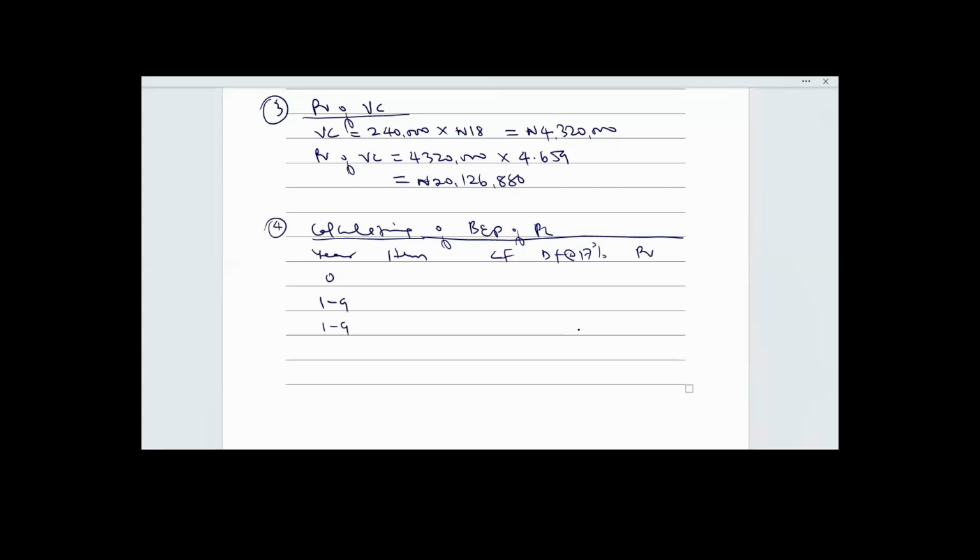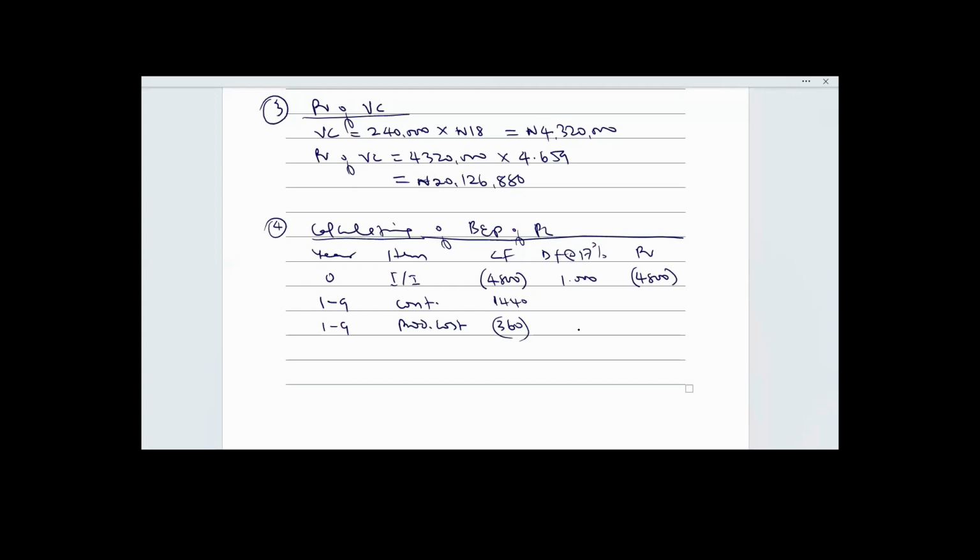Initial investments 4,800, contribution 1,440, then production cost 360. I need somebody to give me annuity factor of year 1 to 9 at 17%.